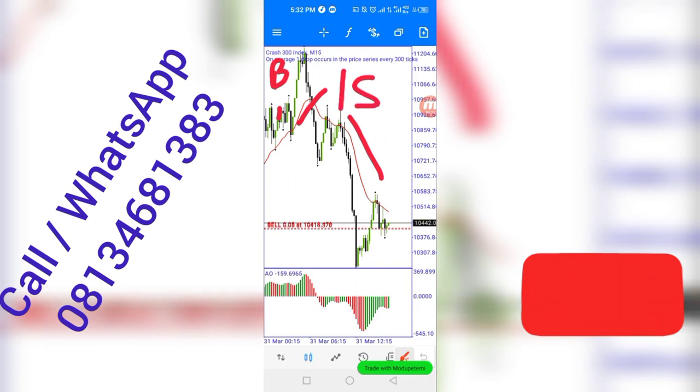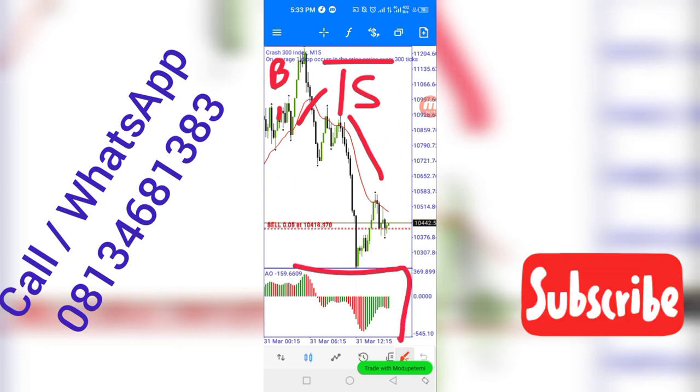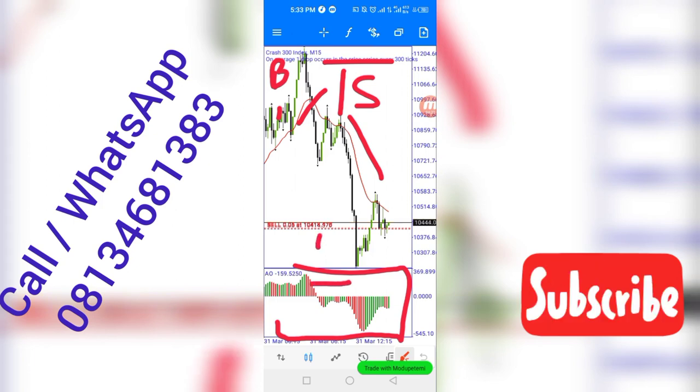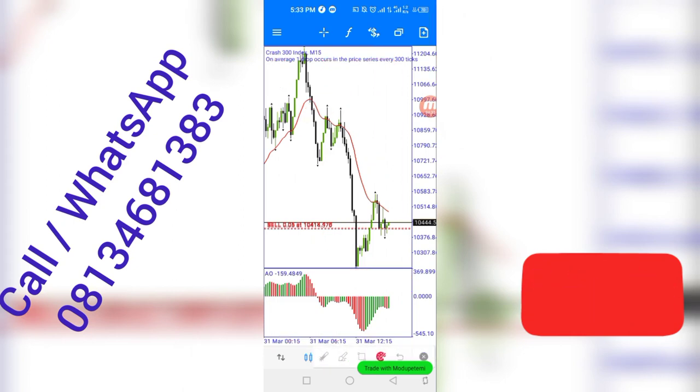Now, for the indicator window, this is our awesome oscillator. What we'll be looking at here is where the awesome oscillator is. Look at this area here.